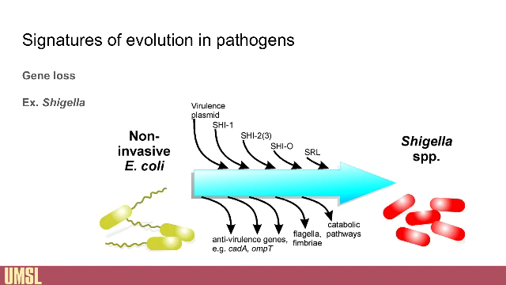And one of the arguments for these losses that we often see in these very specialized host-associated pathogens is that if you're under constant selection interacting with the host immune system, either you've acquired ways to combat elements of the host immune system, like many of you have seen with your specific pathogens, or you just give up those things entirely, right?